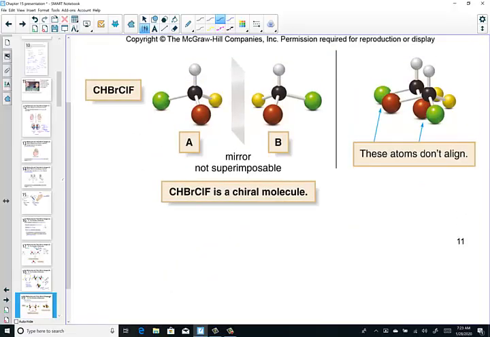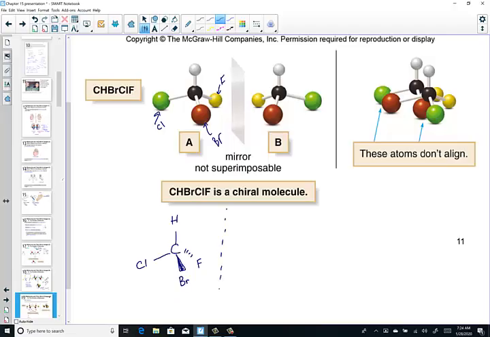So the carbon in the center, there's a hydrogen going up, and the chlorine is in the same plane. That's the green, that's the chlorine. This is bromine, and this one is fluorine. So there's the 4 unique attachments. Notice bromine is coming out of the page, so I make that the wedge. And I'm going to make fluorine the dash because it's going behind the page.